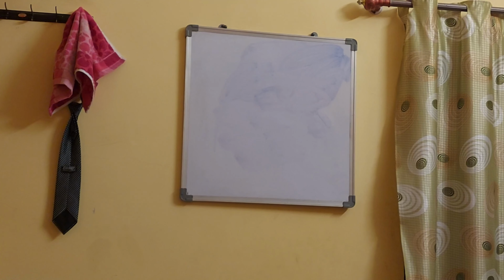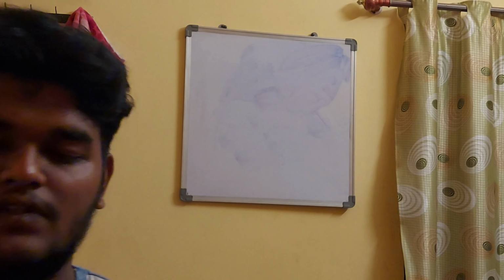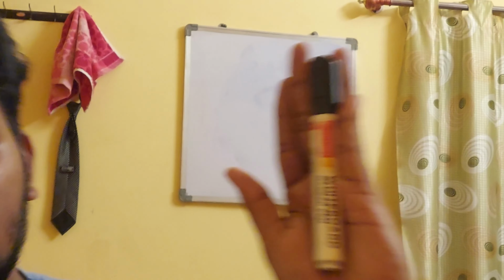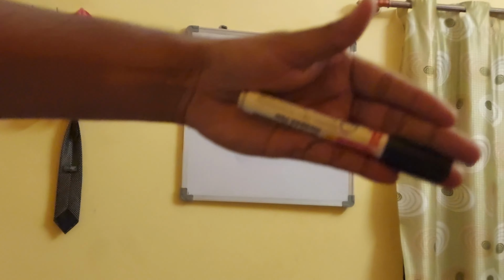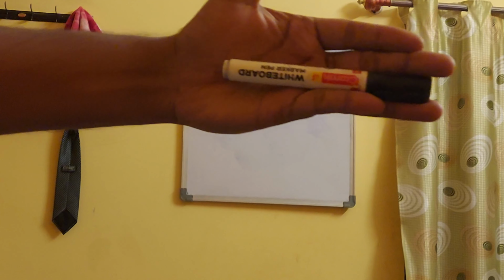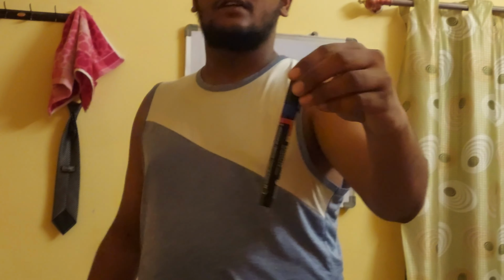Now I'll have to find the normal marker. Where is that one? I swear it was here only. I don't know where it went. It's here, found it. So this is where it is. This is the real marker that I was supposed to use, but I was using the permanent one because I was lost in thought.